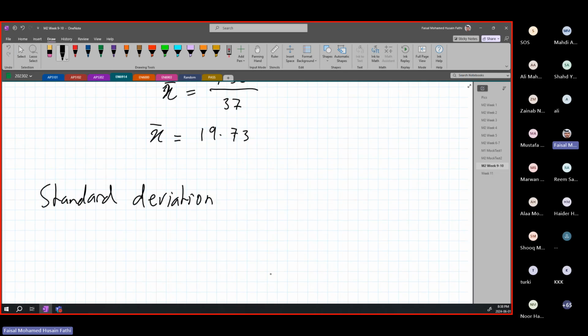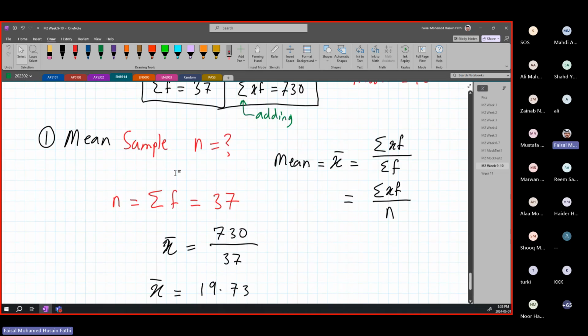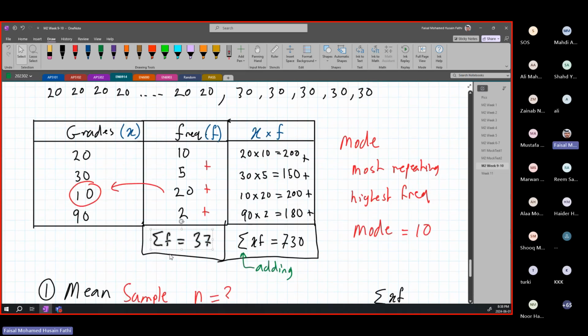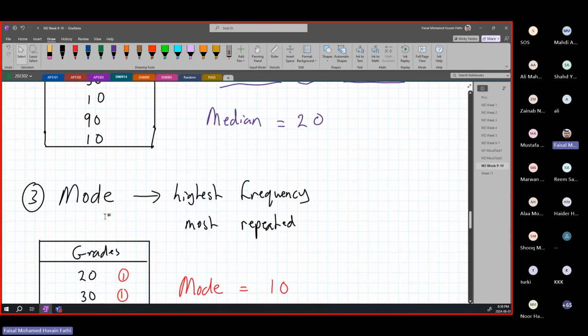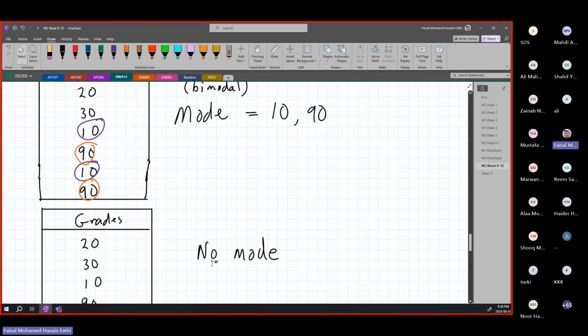This is just a very simple equation that you apply, which is the summation of x minus x bar squared divided by n, your total frequency. N means total frequency in the case of grouped data, or just simply n when you have singular data like you can see here.